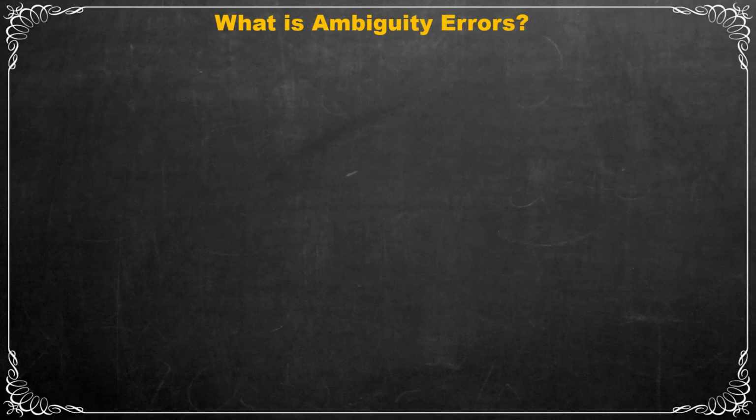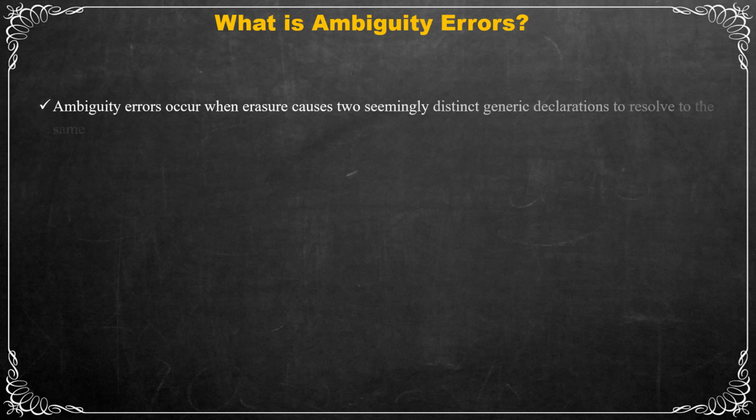Now let's see what are ambiguity errors. These kinds of errors occur when erasure causes two seemingly distinct generic declarations to resolve to the same erased type, causing a conflict. Let's see a practical example.